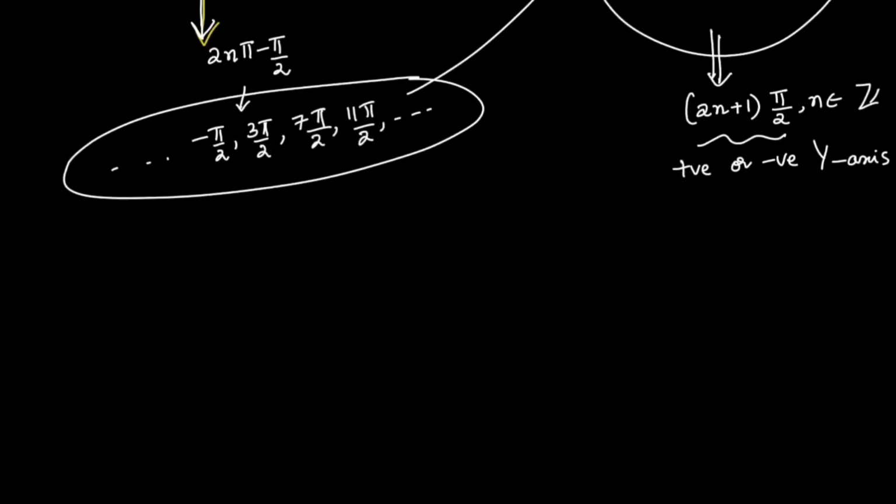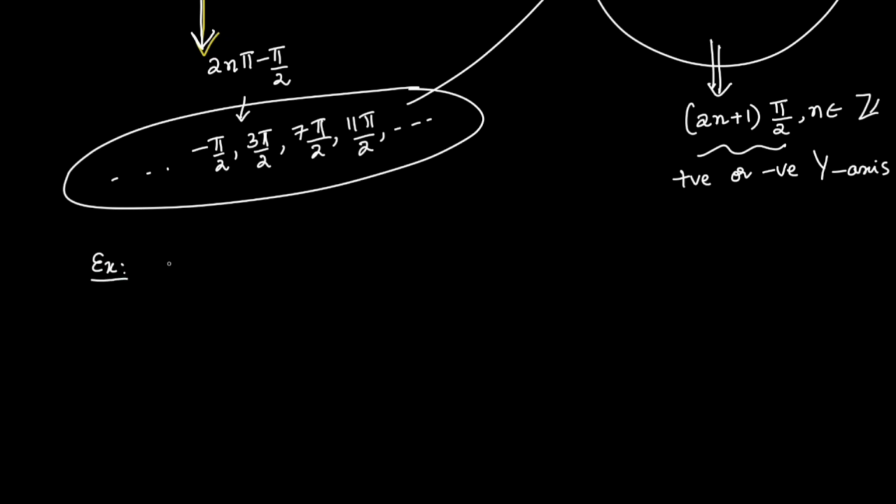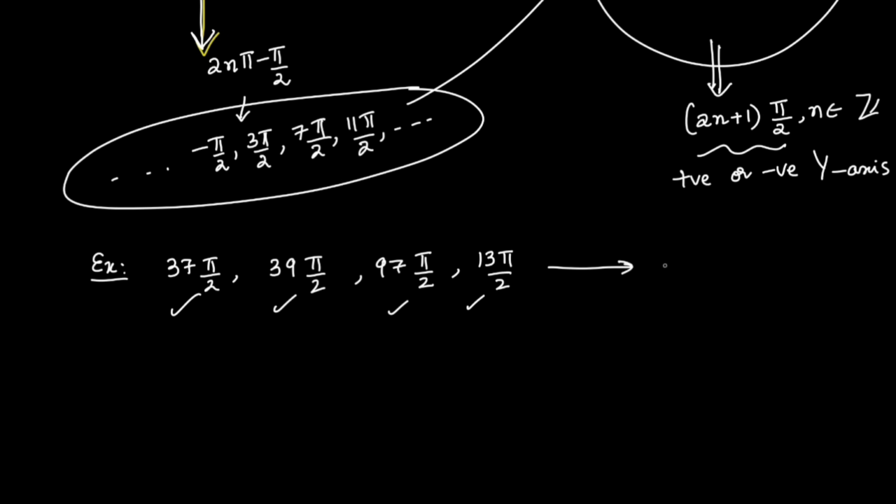Suppose, for example, 37 pi by 2, 39 pi by 2, 97 pi by 2, and 13 pi by 2. I can say all these angles are basically odd multiples of pi by 2. All these angles would have their terminal position along the positive or negative y-axis.